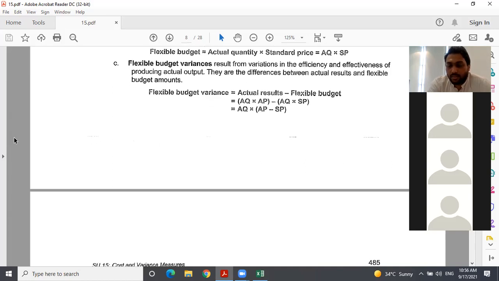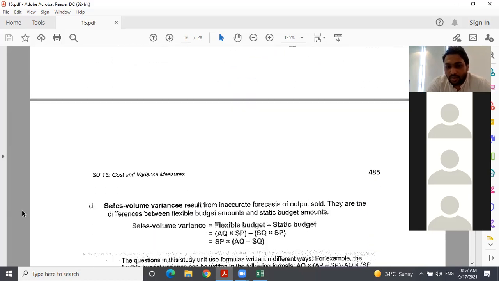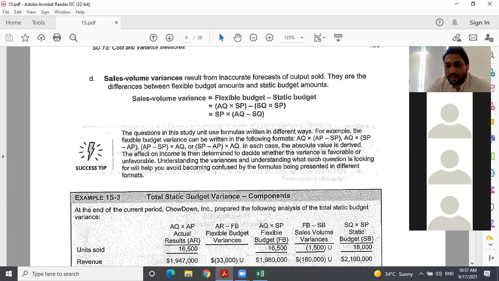I think you remember price variance and quantity variance from standard costing, right? So here what we are trying to establish is price variance. In sales volume variance, we are trying to establish quantity variance. So whatever variance we are trying to establish, we compare that with the actual.